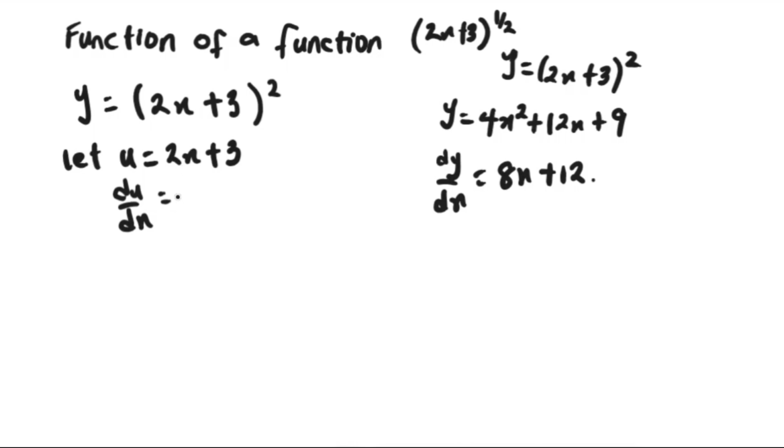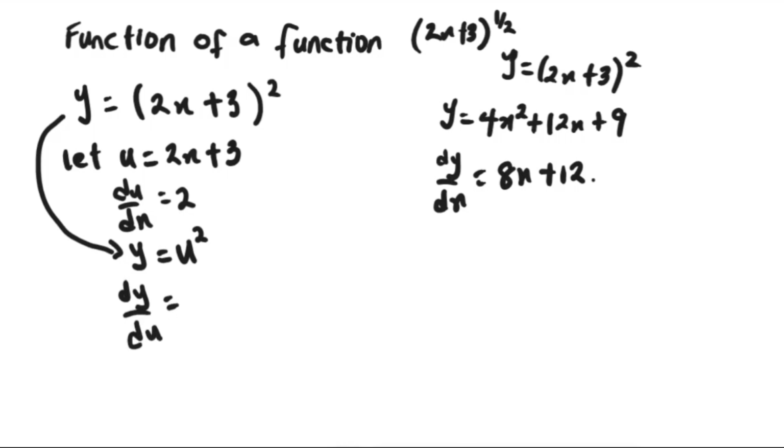So du/dx here is going to give us 2 when you differentiate 2x plus 3. So y is equal to, since you have taken 2x plus 3 to be u, you can leave y in terms of u, which will be u raised to power 2. So differentiating this y with respect to u, dy/du will give us 2u.